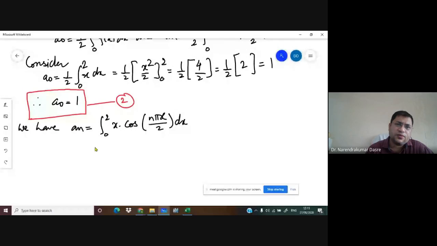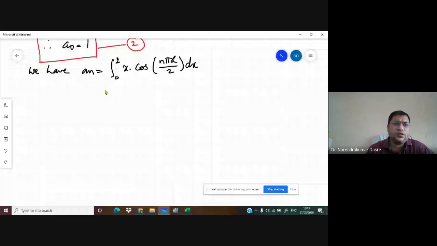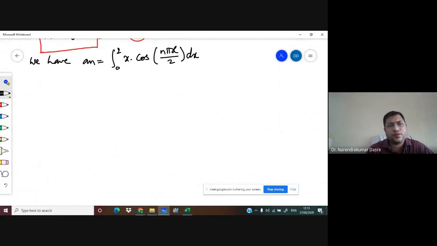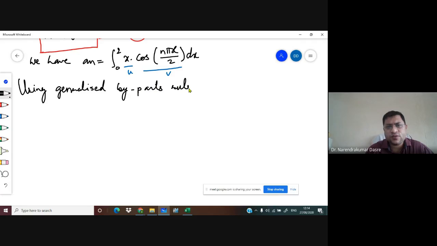Now what we know is this is going to be u, this is going to be v, and hence we have to use the u into v rule, the generalized integration by parts rule.